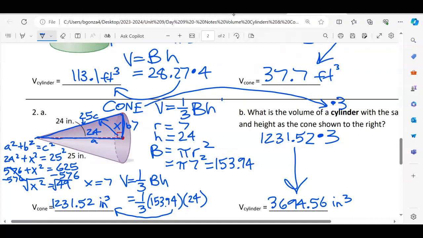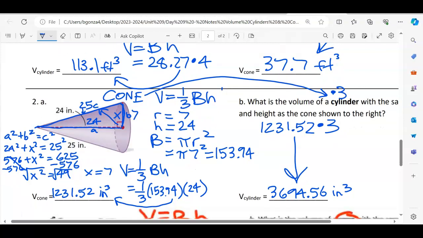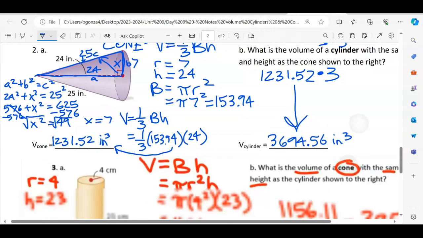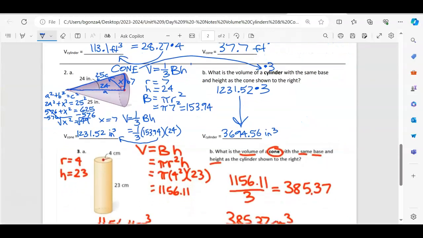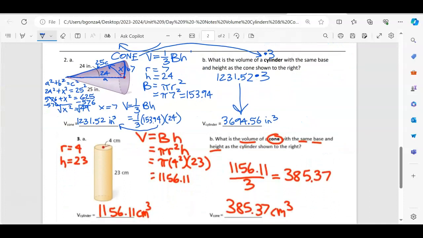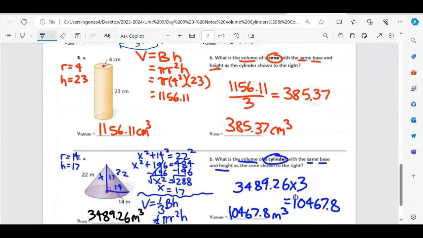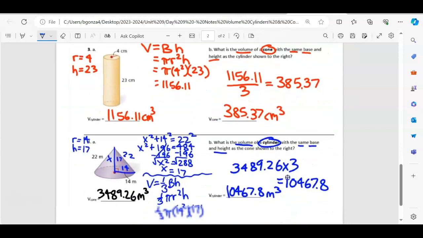Does everyone have this, or can we move it to the next one? If you would like to write down the rest of the notes, I'm going to put it on the board. It is more of the same, so it's okay if you don't. Does anyone still need number 2? Okay, so here's 3 and 4 for your completion of the notes.